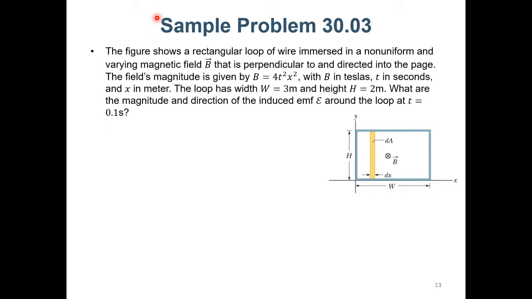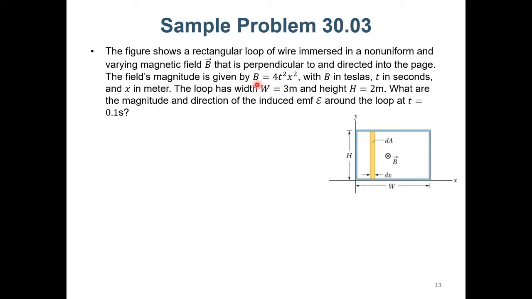So there's another sample problem. Here, the figure shows a rectangle of wire immersed in a non-uniform and varying magnetic field. B is perpendicular to and directed into the page.